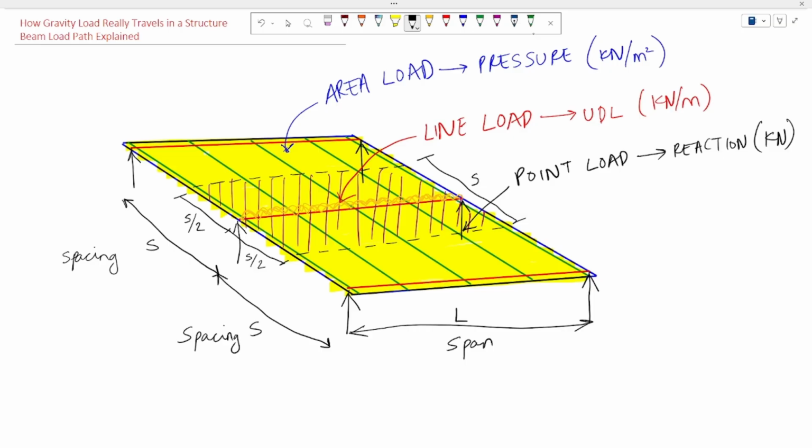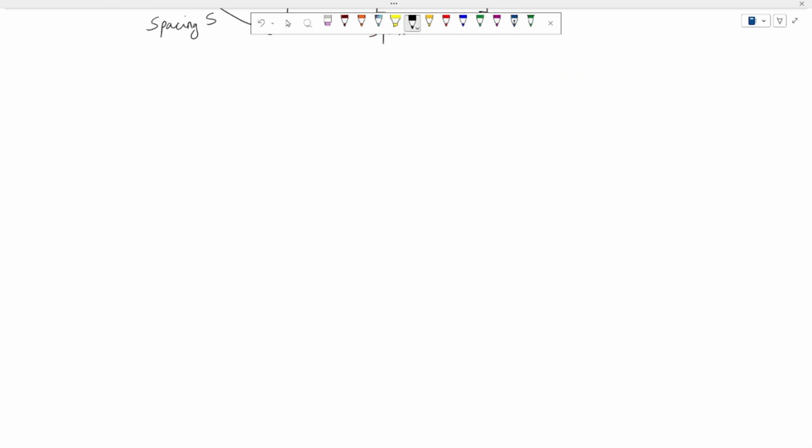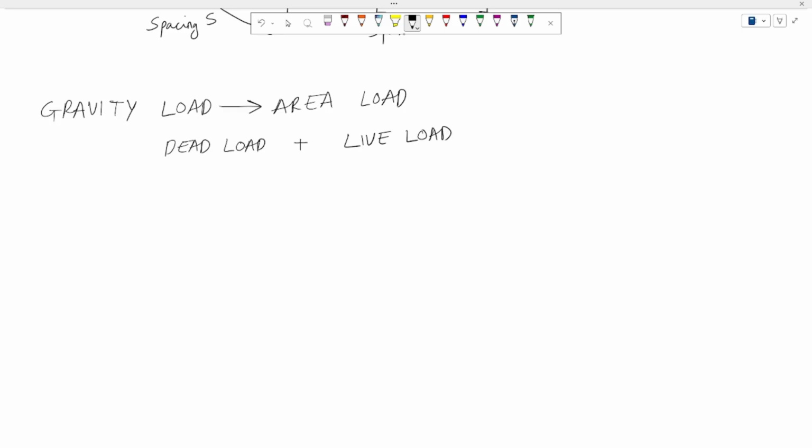Let's understand this in the form of an example. Let us assume gravity load in the form of area load. Gravity load is divided into two types. We have dead load and live load. Let us consider the dead load of 0.15 kilonewton per meter square.